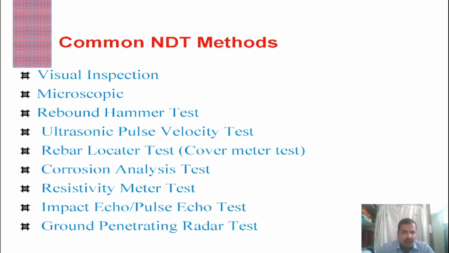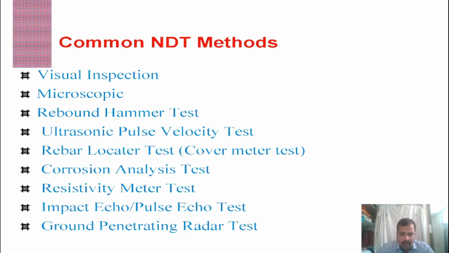Generally in the field we can use visual inspection, the rebound test and the ultrasonic pulse velocity test. By using these three methods we can reach a concluding remark about the condition of our structure.